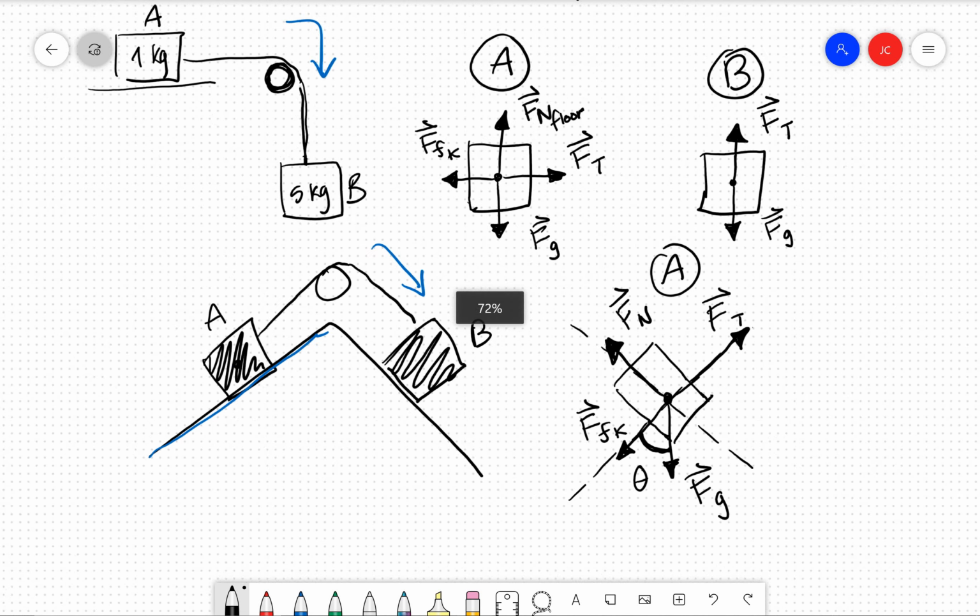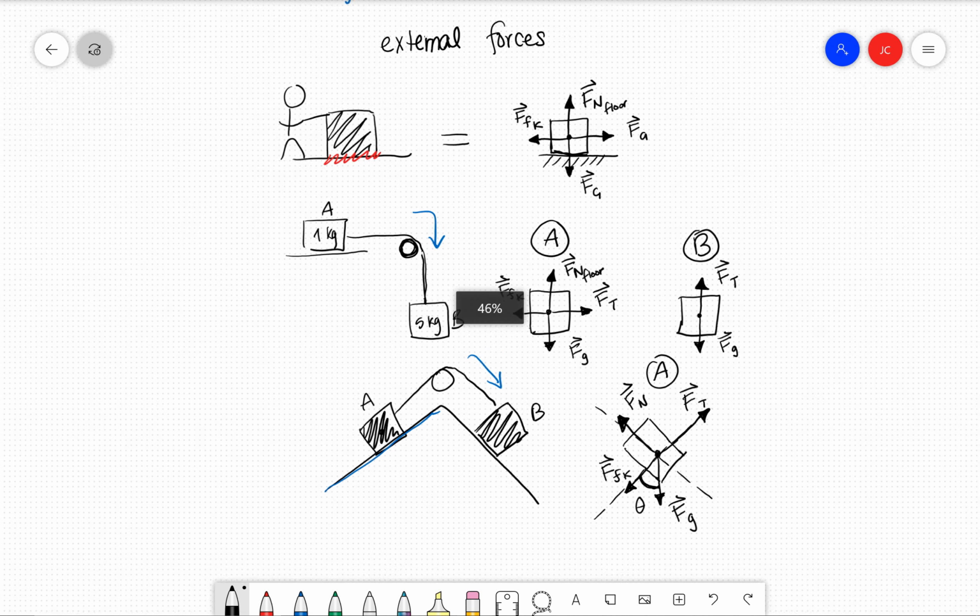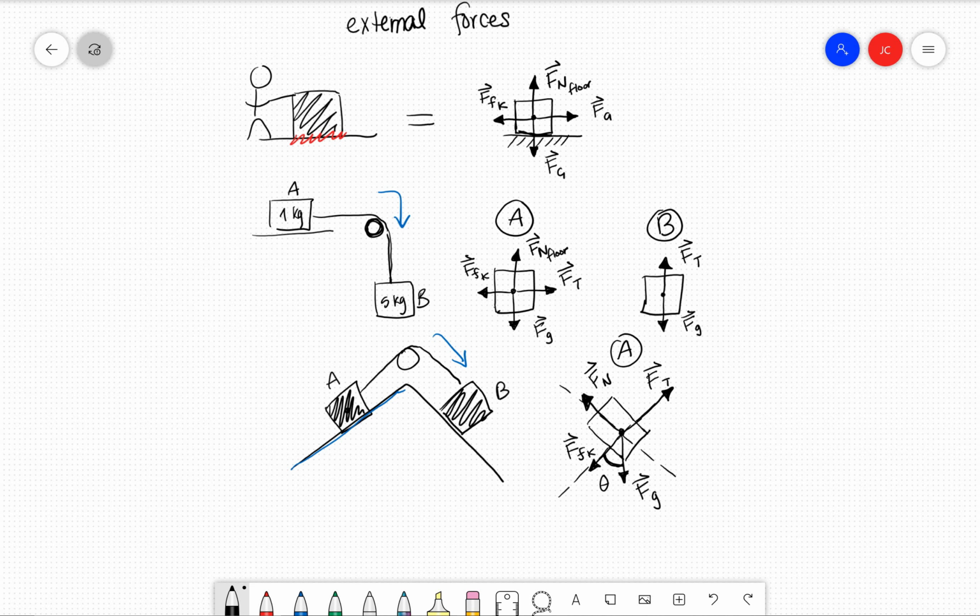So when we do net forces next time, I'm basically going to go through these exact same examples: a simple moving box, a box on a pulley, or a box on an incline, to show you how we calculate these net forces. But that's a subject for another video. Hopefully this got you kind of into the habit of drawing free body diagrams.